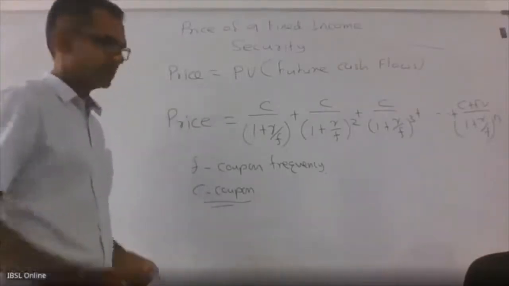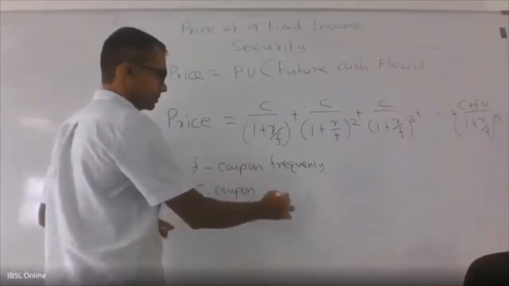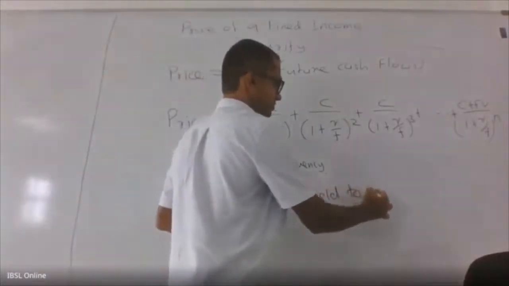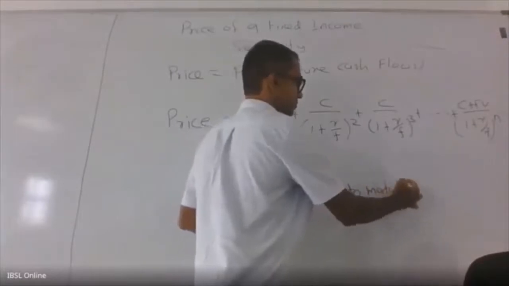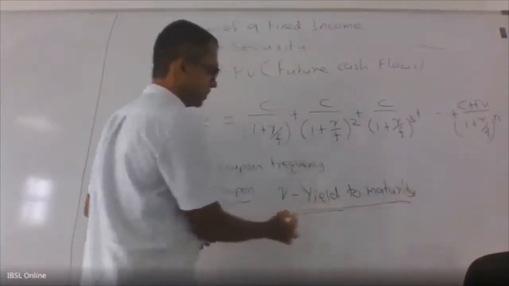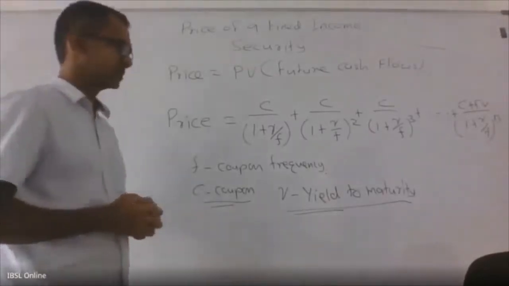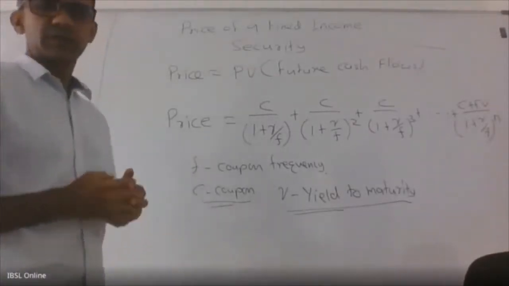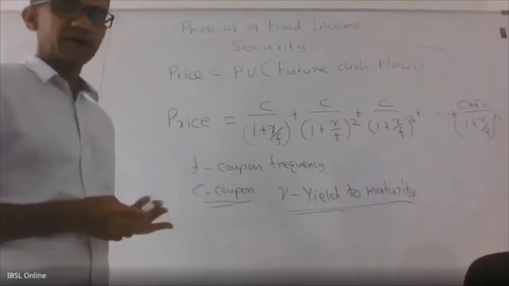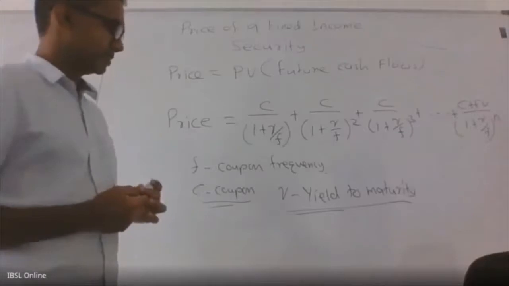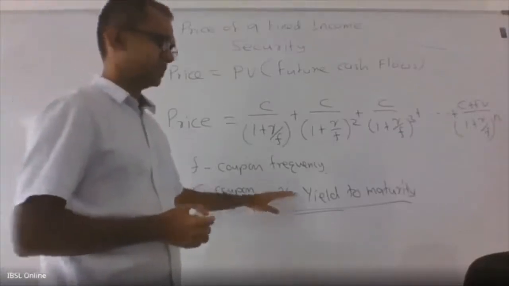Then later we call this R the yield to maturity under a few assumptions. What are those assumptions? We assume the buyer of the bond holds this bond until maturity, and the yield will remain the same.